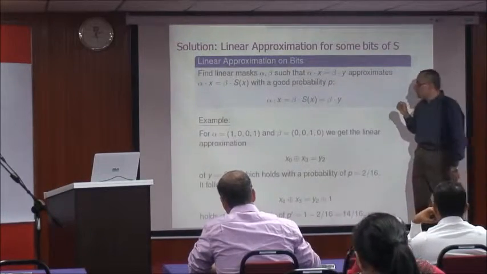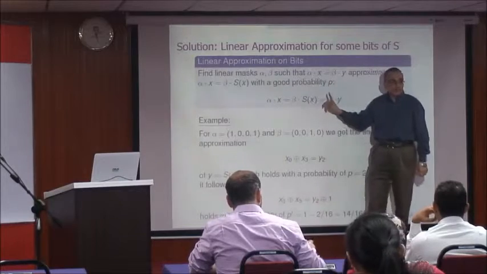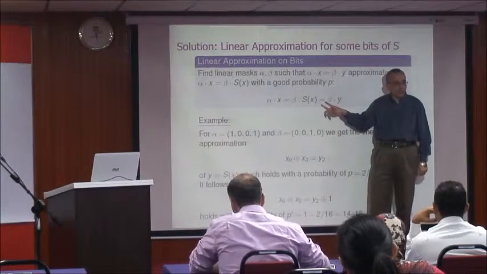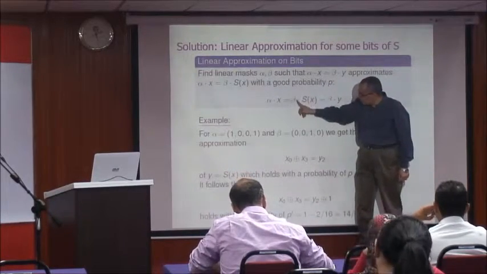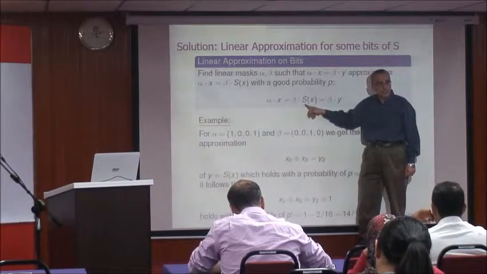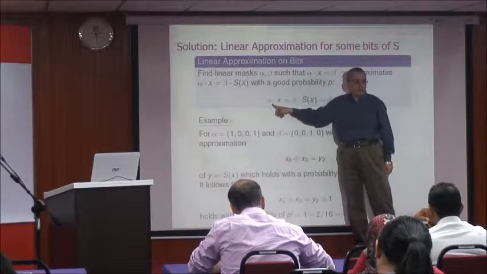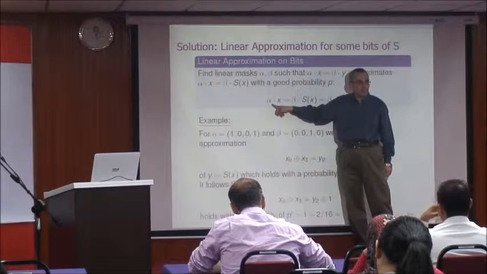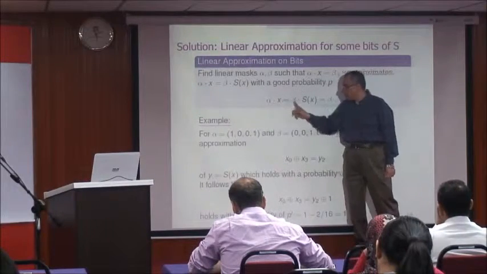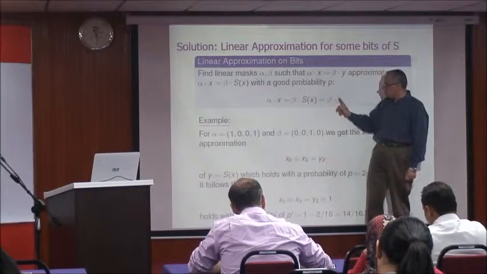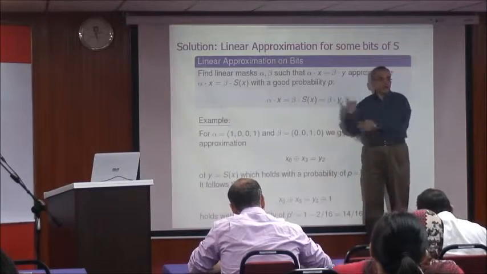Again, we try to find a linear relation that holds between a non-zero linear combination of the output coordinates and a non-zero linear combination of the input coordinates. And we search for alpha and beta that maximize the probability of this relation holding, or minimize it.